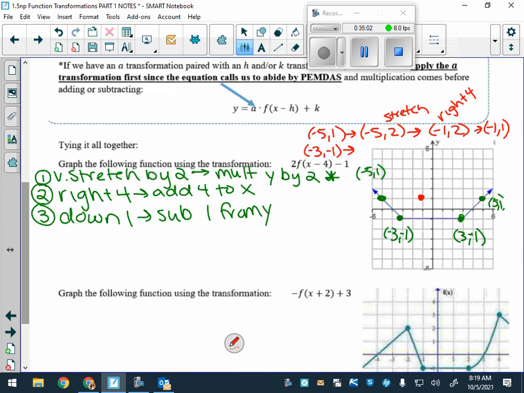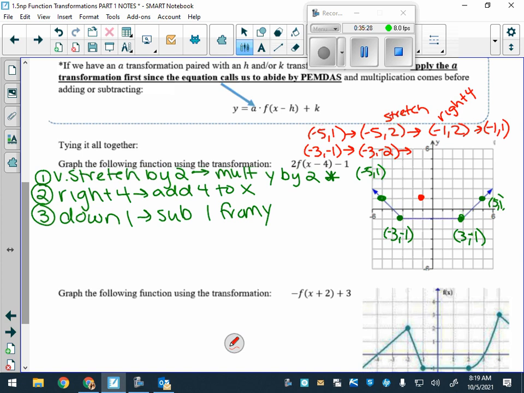Yeah, Anthony. Careful, careful, careful. Okay. So if we do the stretch, right? -1 times 2 gives you the -2, right? But we still have to move it to the right.